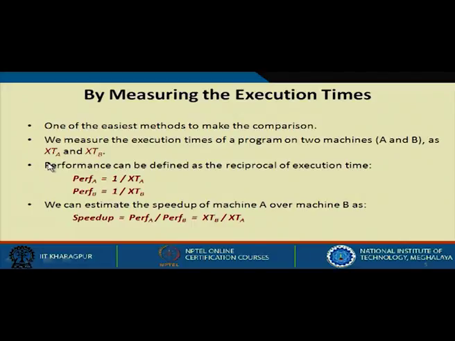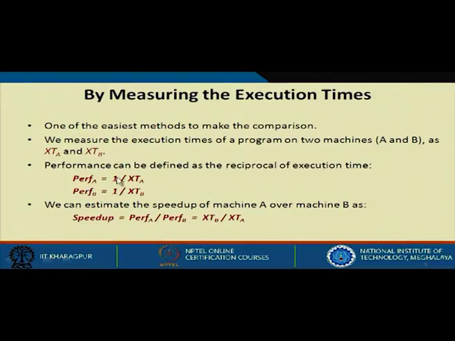Let us say one processor performs a task in 10 seconds and another in 2 seconds. Which one is better? The processor which performs the task faster, in less time, is better. So the one taking 2 seconds is much better. That is why performance is the reciprocal of execution time.